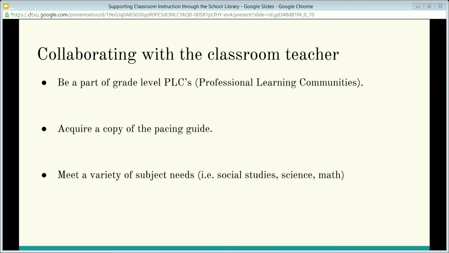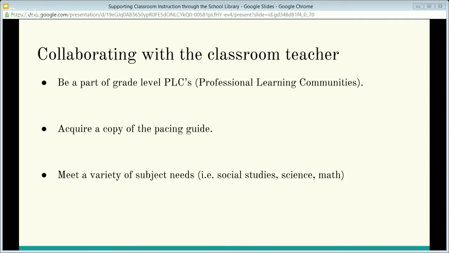Next, acquire a copy of the pacing guide. Each school district should have a pacing guide. And what a pacing guide is, it just helps the teachers know where they should be during the school year. So maybe second grade's theme is weather.